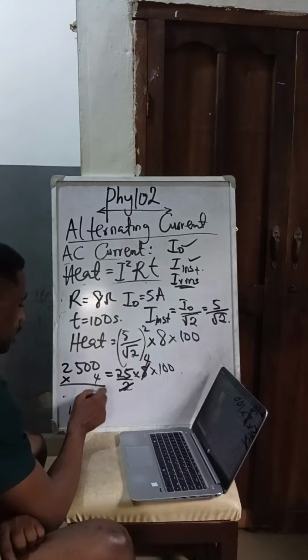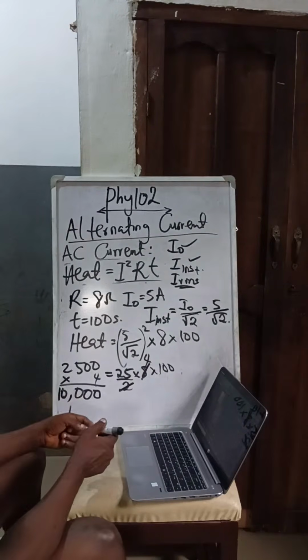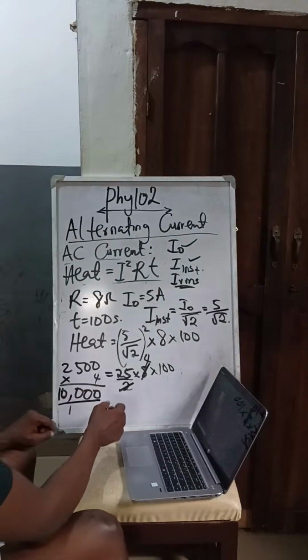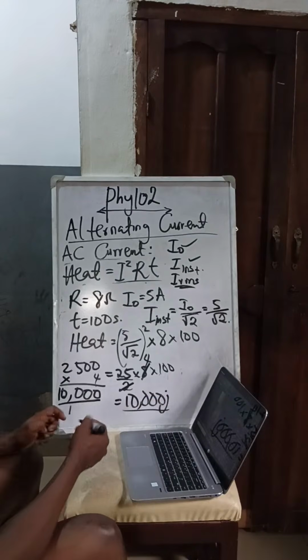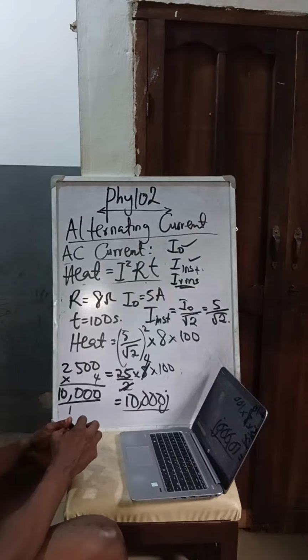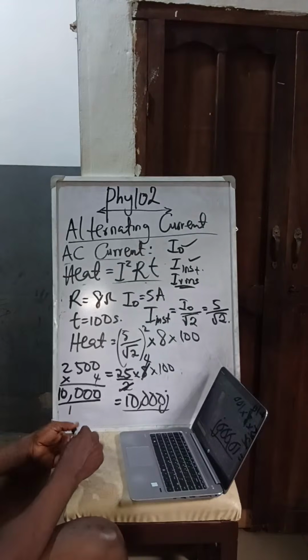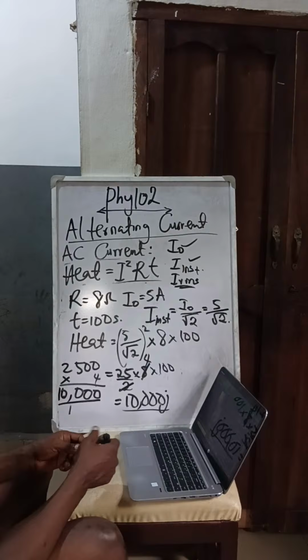So this is 0, this is 0, this is 0, carry 2. 4 times 2 is 8, plus 1... Okay, so this is 10,000. So the heat is 10,000 joules or 10 kilojoules.